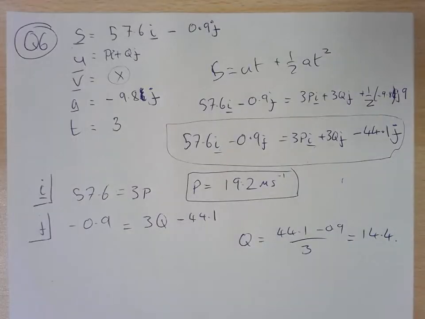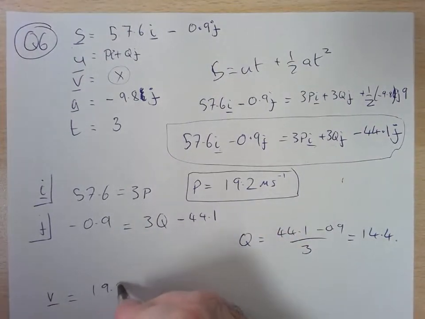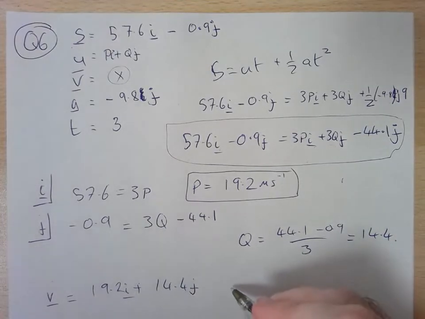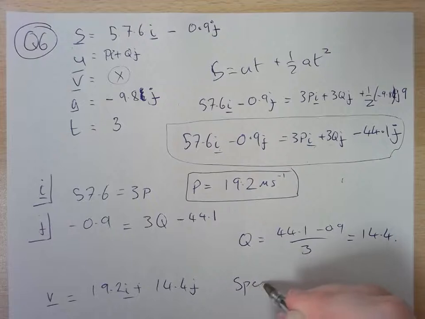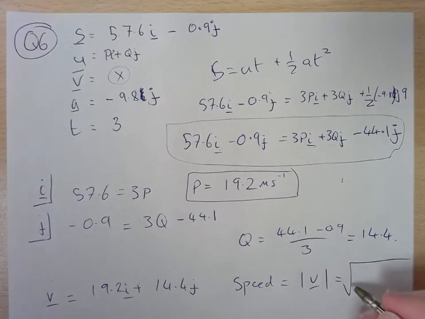So we should be able to pick out that its initial velocity is pi, so 19.2 i plus qj, 14.4 j. So the speed is just going to be the size of velocity. It's the modulus of velocity, which is the square root of 19.2 squared plus 14.4 squared.